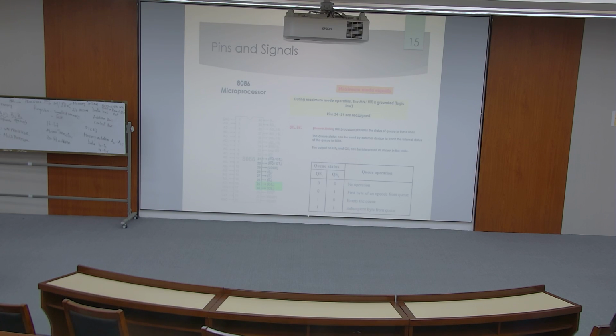Now, next one, we have queues. We have pins number 24 and 25. The processor provides the status of the queue on these lines. So the queue status can be used by an external device to track the internal queue status. The outputs of these queue status lines are also depicted in this table.